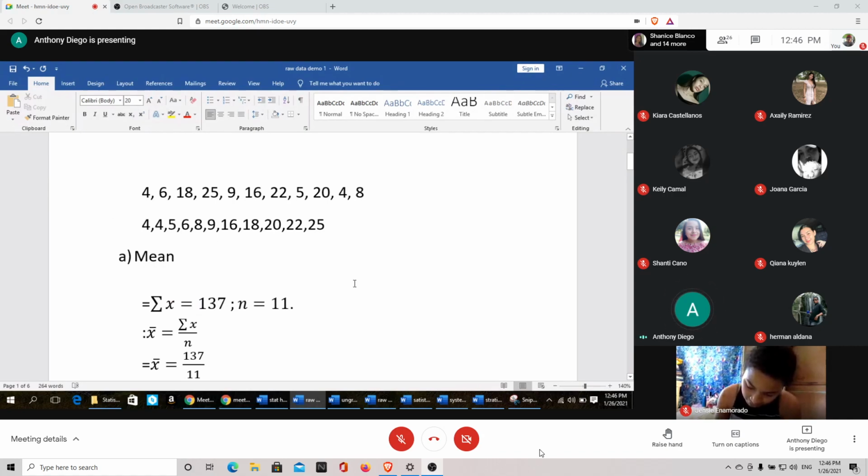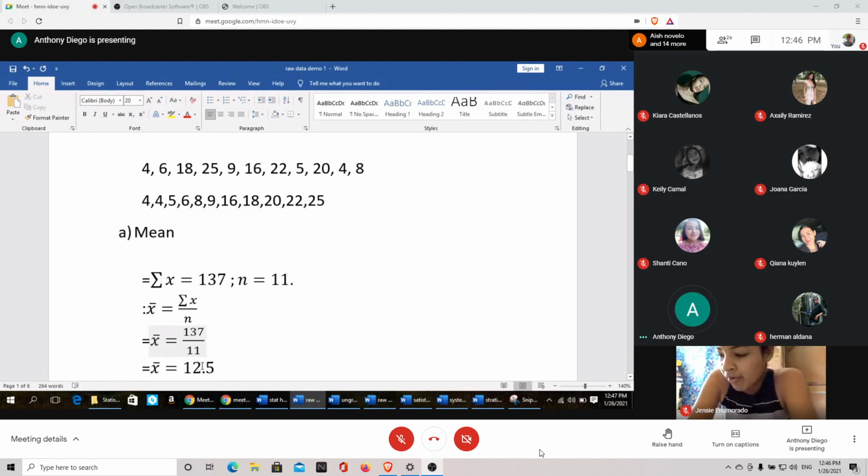So the formula states that the mean x bar is equal to the summation of the observations divided by the number of observations. That will be 137 divided by 11.